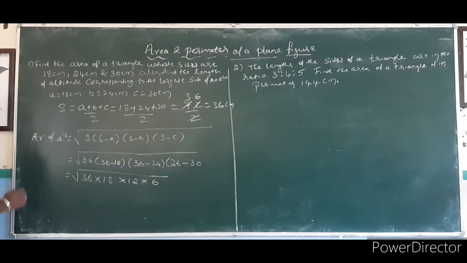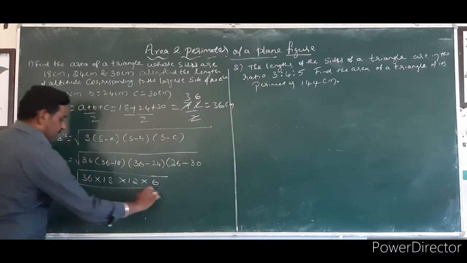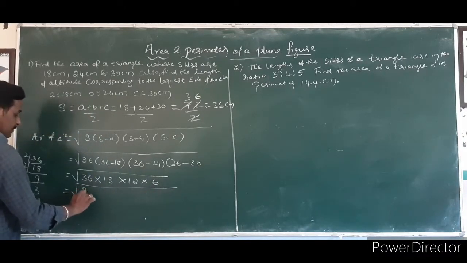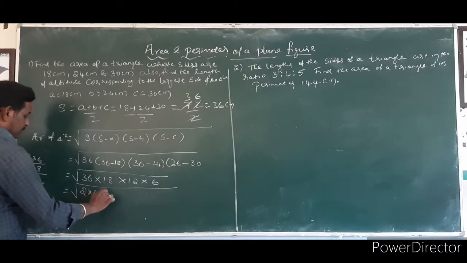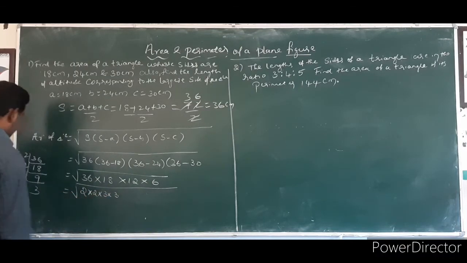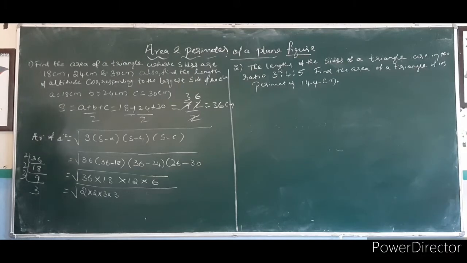factors for a given number. If 36 is given, 2 18s are, 2 9s are, 3 3s are. Write the factors: 2 into 2 into 3 into 3. Next 18, 2 9s are, 3 3s are.